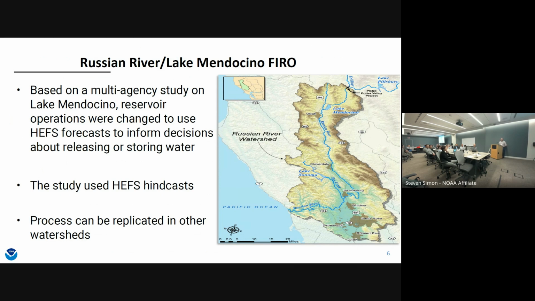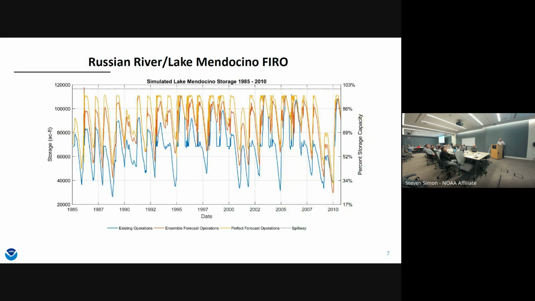This is frequently the case, at least in my experience, when you have a lot of agencies involved, to change the way they do things. So they need some good evidence to change from their old way of operating to using HEFS forecasts. In this case, the slide shows the storage of the reservoir with 100% towards the top, which is optimum, across a 25-year period.